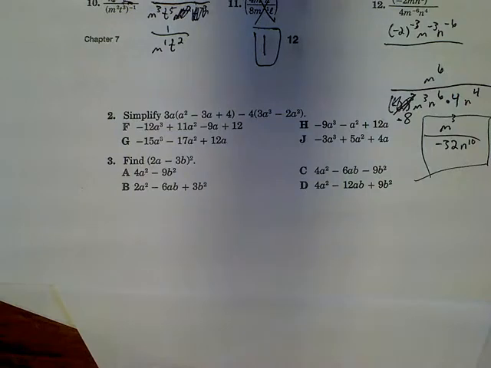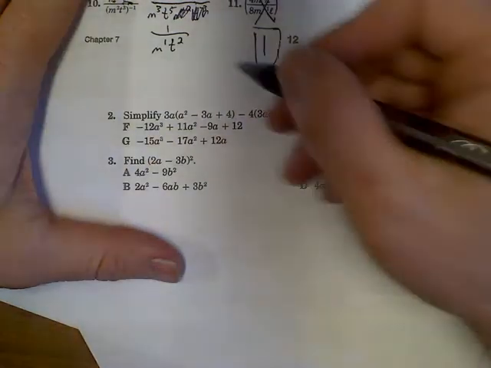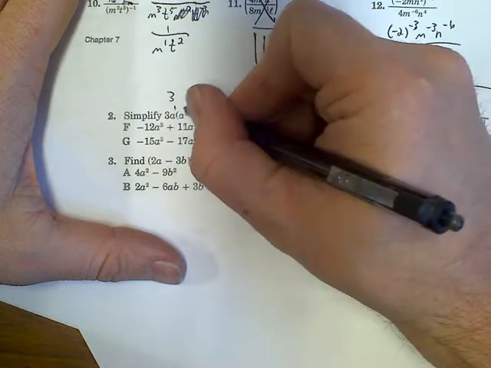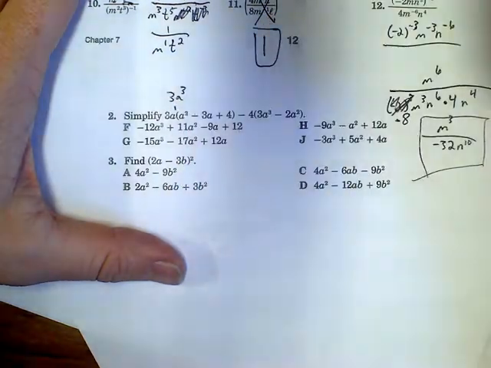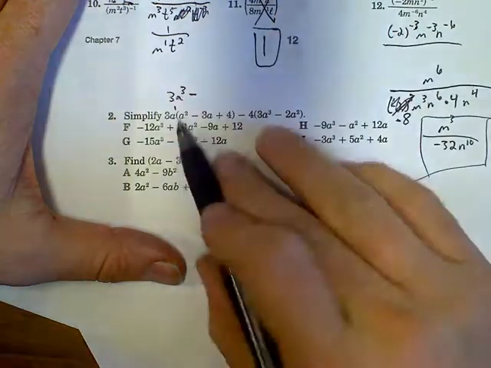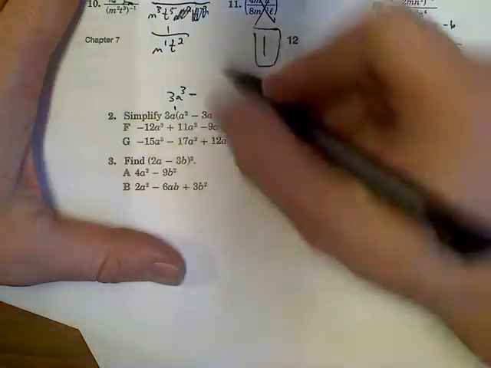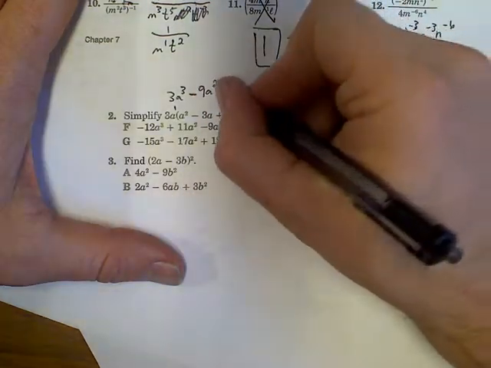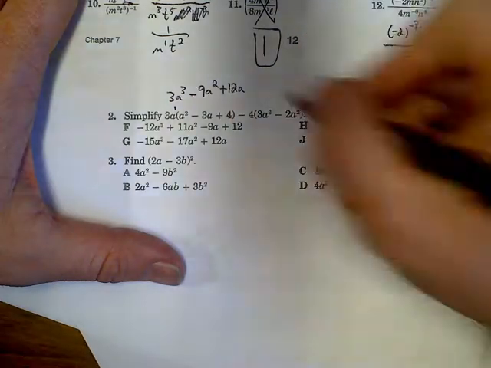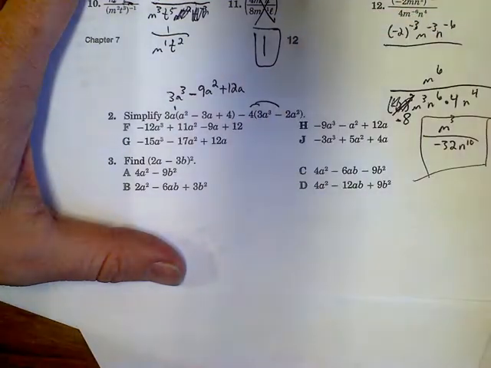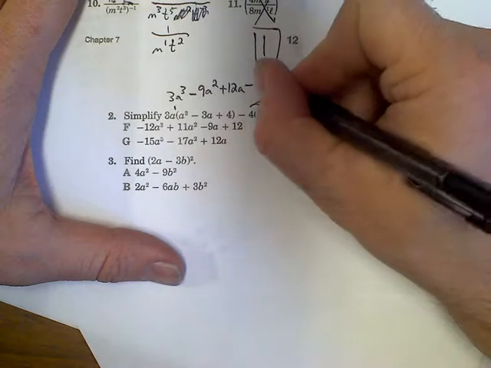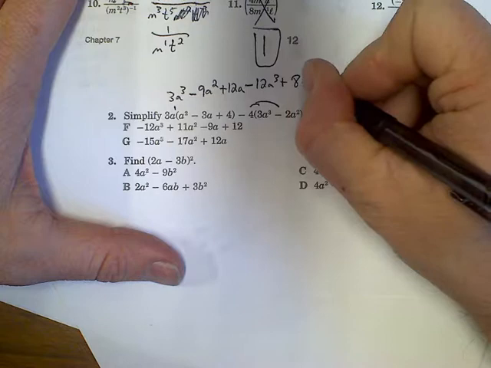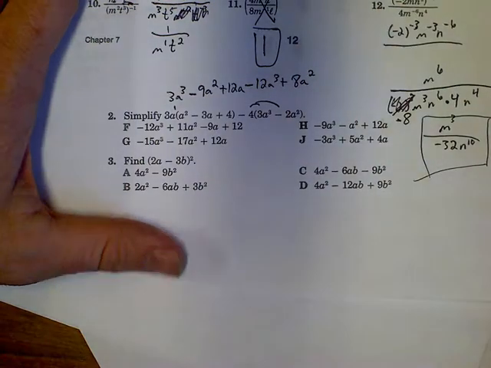So we need to simplify this. So this would be 3, so I distribute. So this would be 3a to the 3rd, minus 3a times 3a would be minus 9a squared. 3a times 4 would be positive 12a. Distribute the negative 4, so this would be minus 12a to the 3rd plus 8a squared.